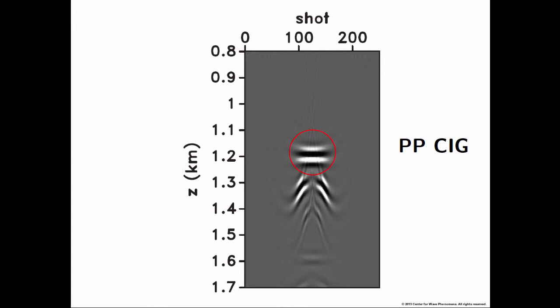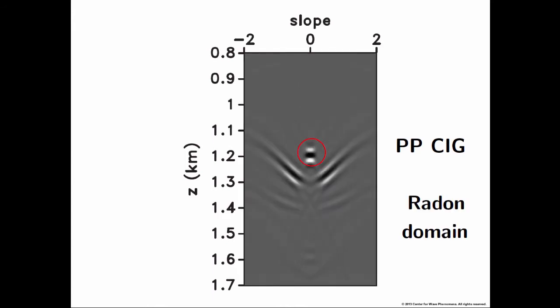We applied a filter in the Radon domain. Firstly, we do the Radon transform to transform this image to the Radon domain, and now the horizontal axis becomes slope. What we want to keep are the events at around slope 0.